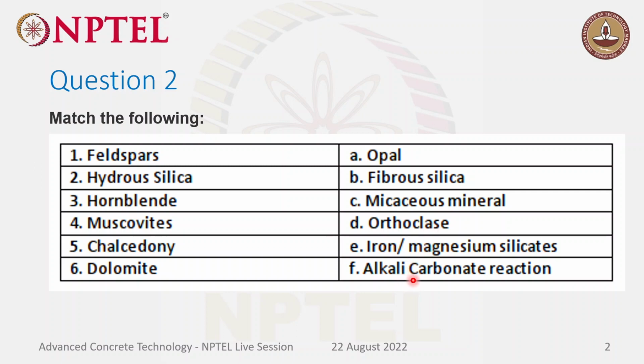Which rock will have alkali carbonate reaction? You have to match that. In other cases, mostly you have to match the mineral type with the rock. Which mineral will be present in which rock?